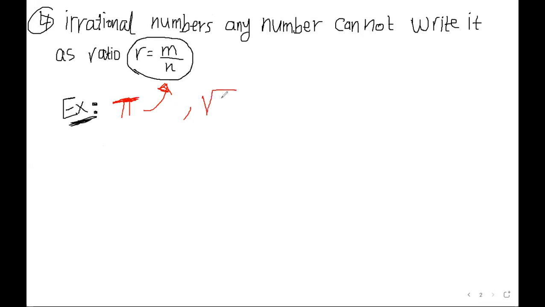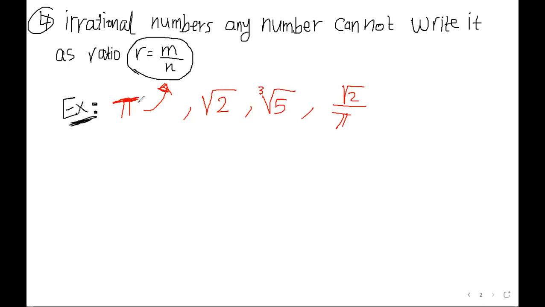What about square root of 2? It is irrational. What about the cube root of 5? It is irrational too. So anything I cannot write as a ratio that looks like this is called an irrational number.